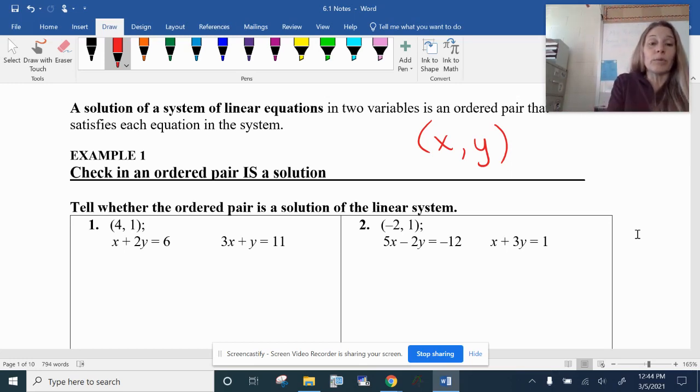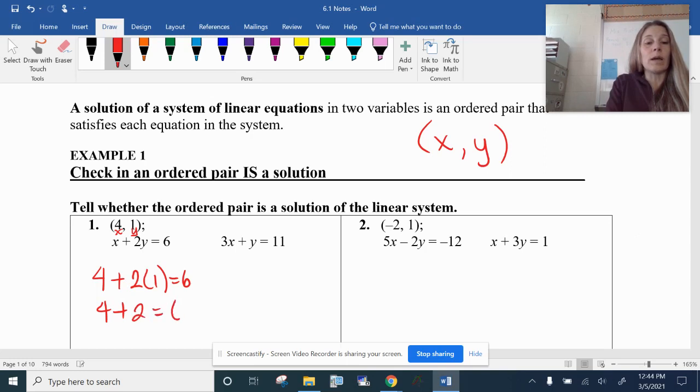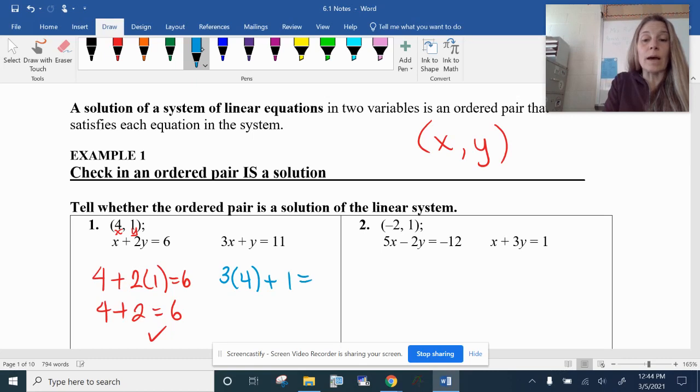So the first example here, we're going to use the 4 as our x and the 1 as our y. So to check the first equation, I'm going to have 4 plus 2 times 1 equals 6. Of course, 2 times 1 is 2, and 4 plus 2 does equal 6, so you can see that that works. For the second one, I'm going to plug in the 4 for x again, the 1 for the y.